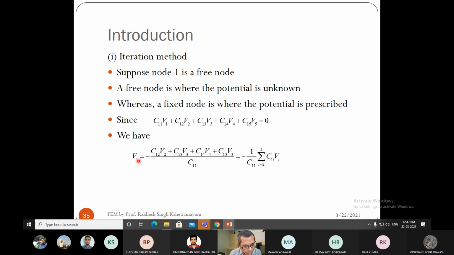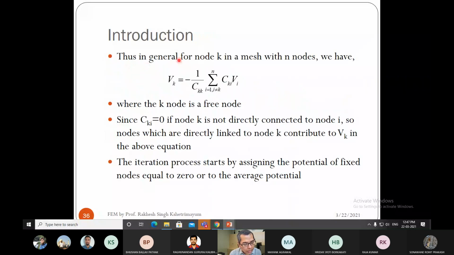This is how I find out this free node value if I know the value of the voltage at the remaining nodes. So I can write in a very general form for any node k in a mesh with n nodes: bk is equal to minus 1 by ckk summation i going from 1 to n, i not equal to k, of cki bi. This is the equation from which we can find out the free node voltage.